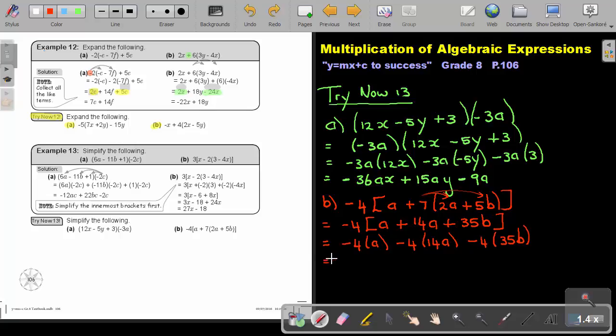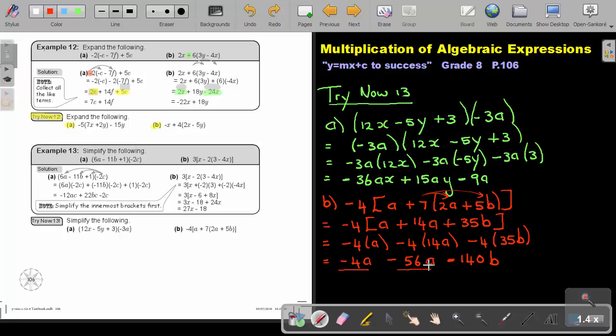So this is going to be negative 4a. Negative 4 times 14 will be negative 56a. And there's one negative, it's odd, so it's again negative. And if you multiply 4 with 35, it's going to be 140b. And now we're going to look if there's like terms.